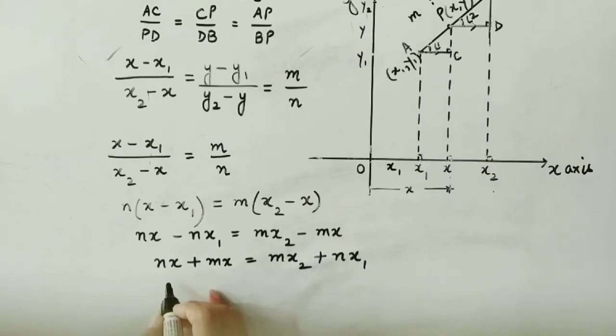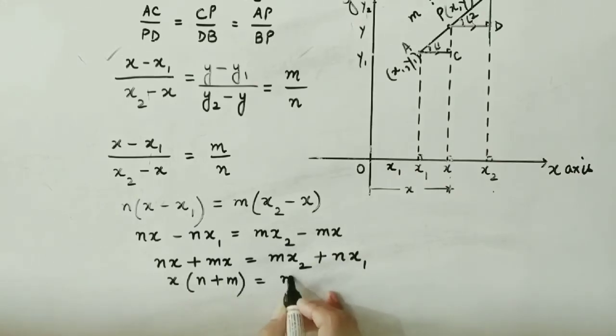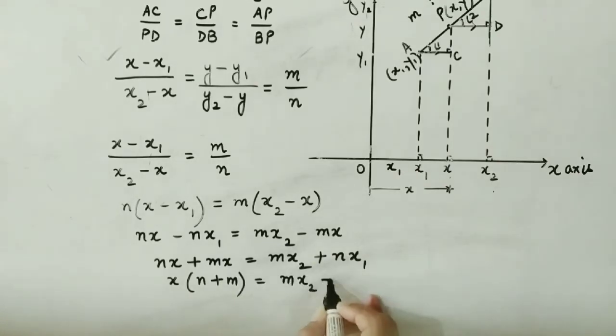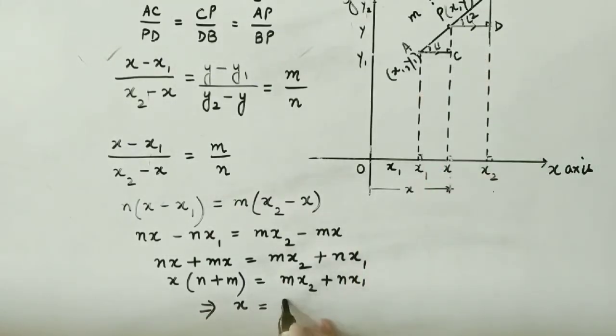It's x times n plus m equals mx2 plus nx1, and final step would be, so x coordinate of this point is represented by mx2 plus nx1 upon sum of ratios n plus m or m plus n.